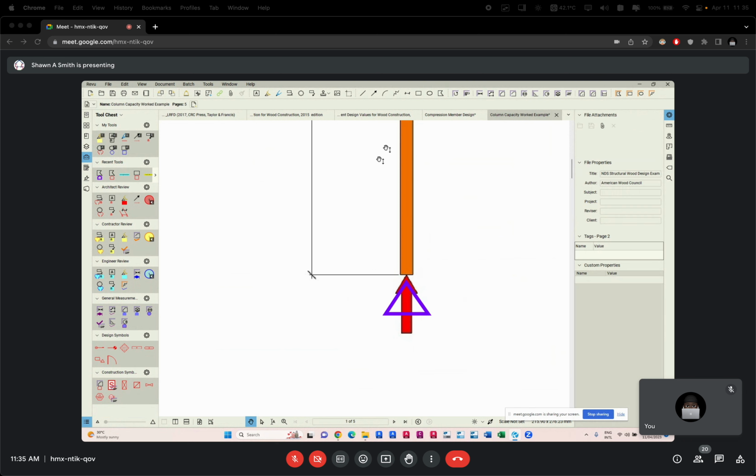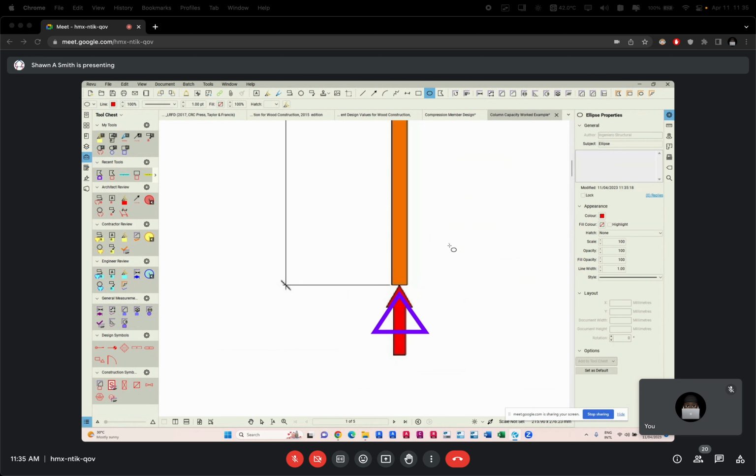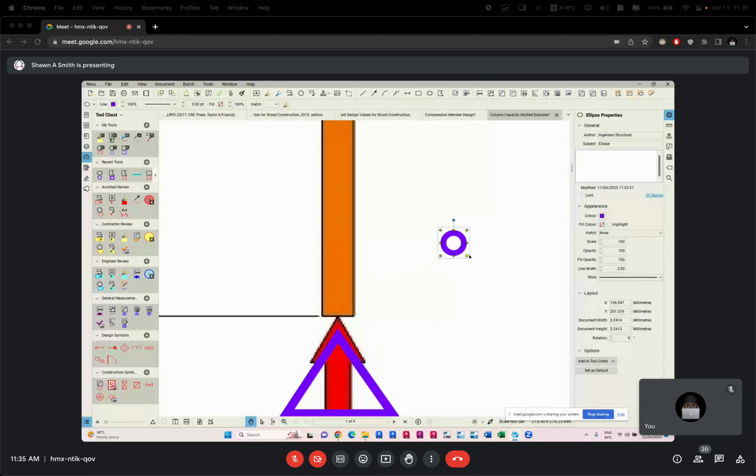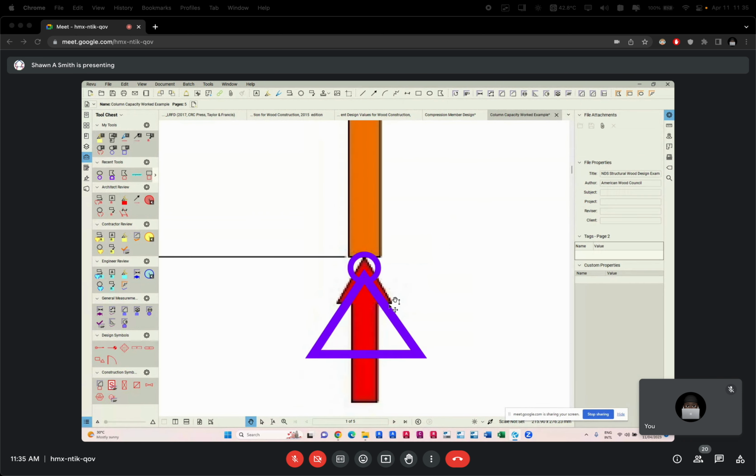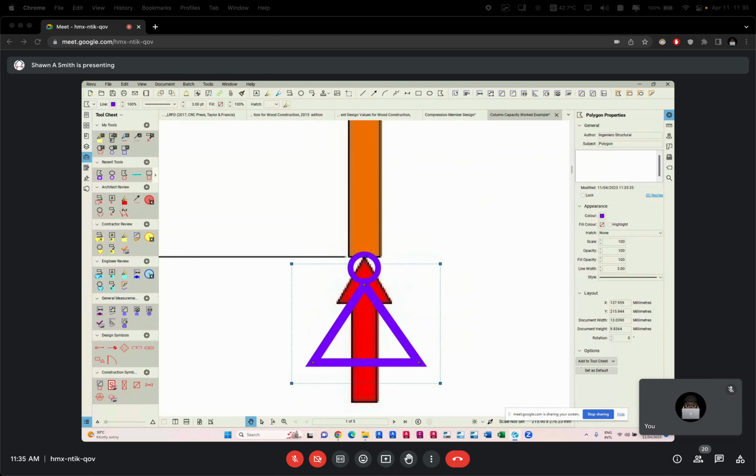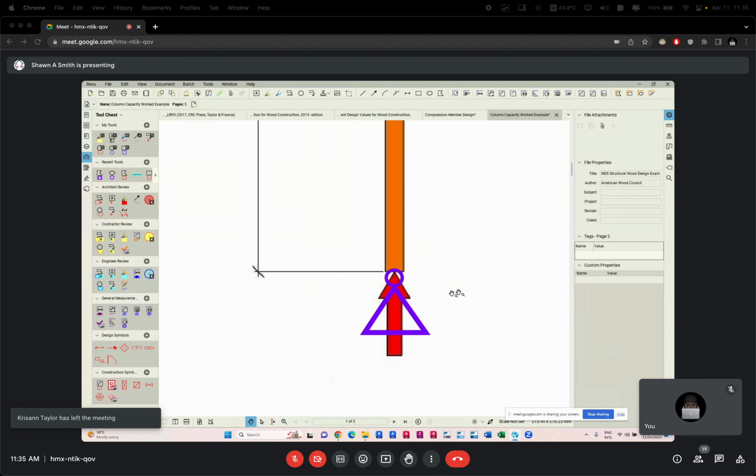I'm almost sure that sometimes they have something like this. All right, so it's pinned. Pin support. We're using that symbol to replace the original red arrow we have. Let me get rid of the arrow.